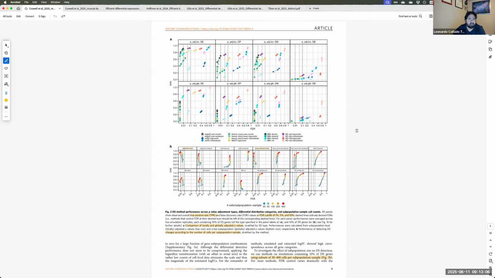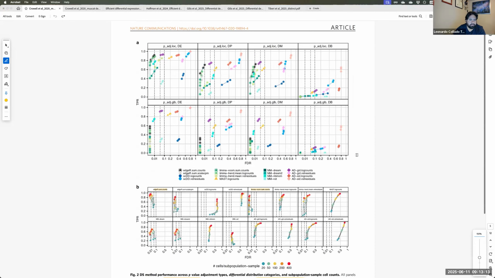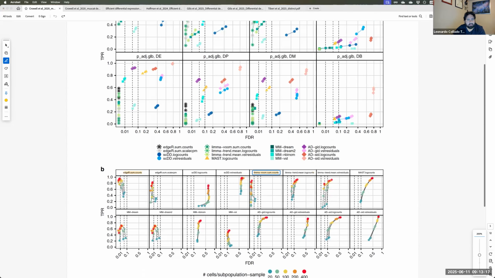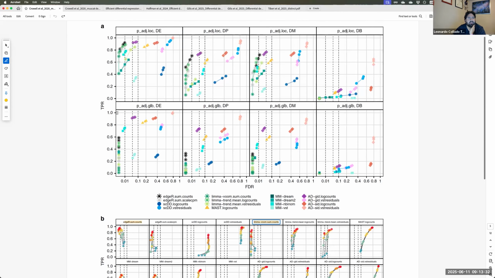This figure over here, in general, shows that the two methods we care about are the black little star, which is the EDGE-R sum counts, and then the dark green star, which is limma-voom sum counts. Those two methods, in general, have good error rate control.